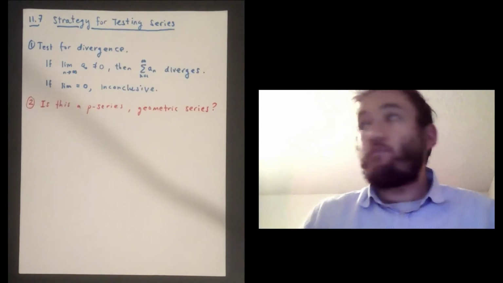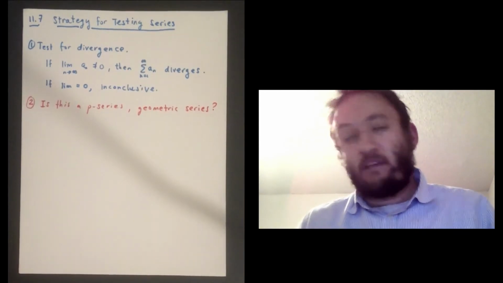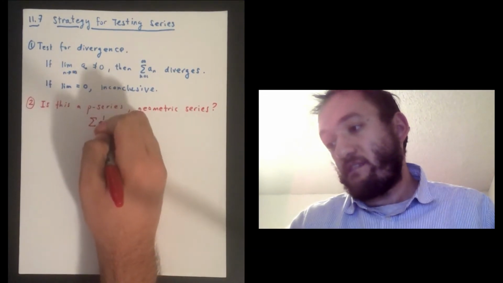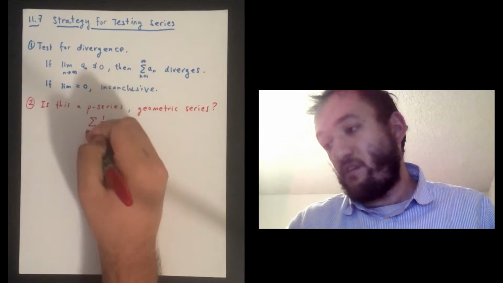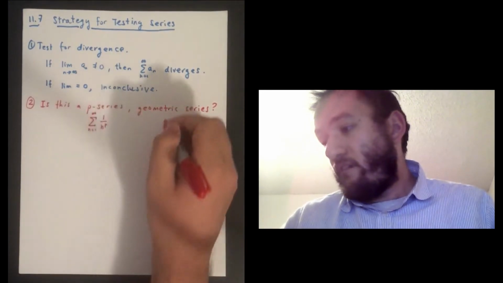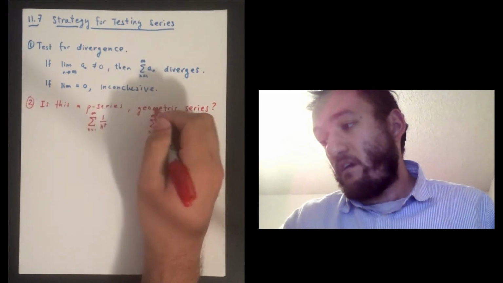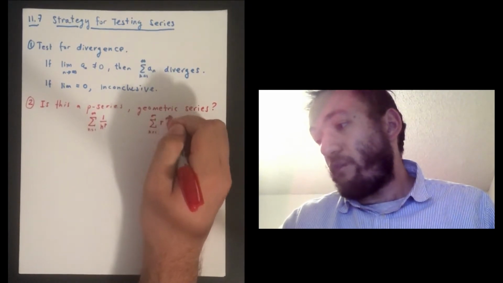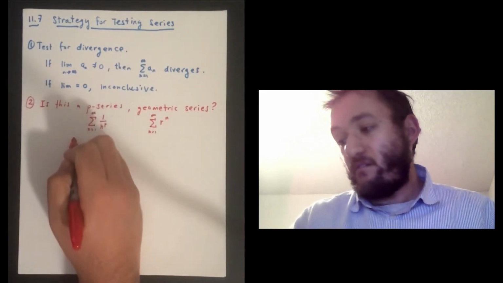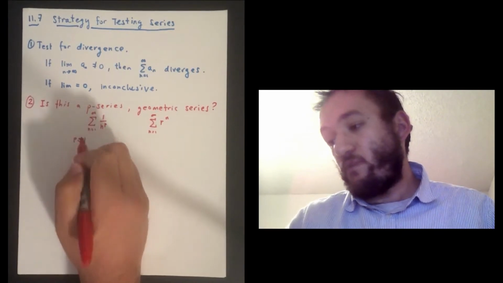Okay, if you can see right away that the series you're looking at is of a specific form, so with p-series, that's a series that looks like 1 over n to the p, where n goes from 1 to infinity, and for a geometric series, it's the sum from n equals 1 to infinity of r raised to the nth power.